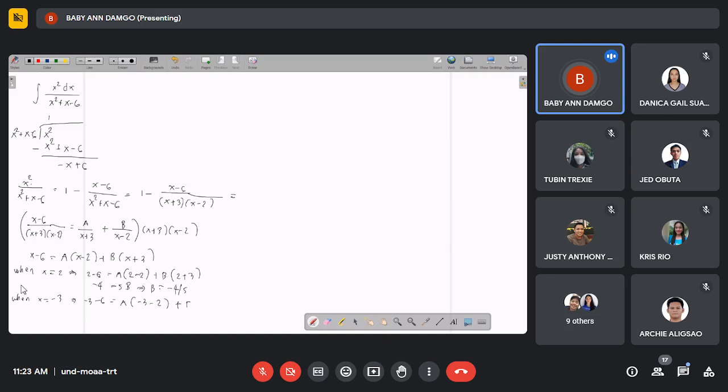This is equal to the integration of du over u, which is equal to ln absolute value of u plus c, and substitute the value of u, which is equal to x minus 2. So we have ln absolute value of x minus 2 plus c. And this is the final answer.